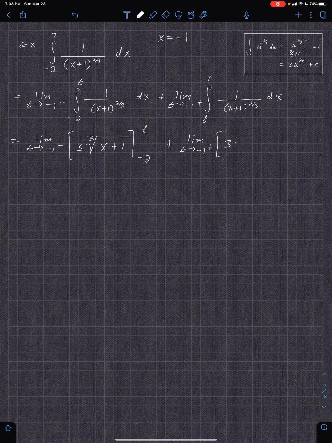So 3 and then cube root of x plus 1, from t to 7. Now substitute in and evaluate.